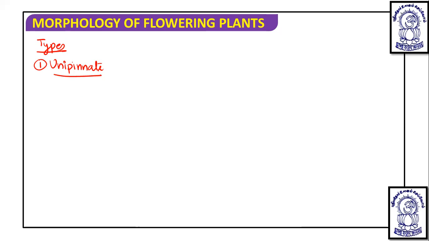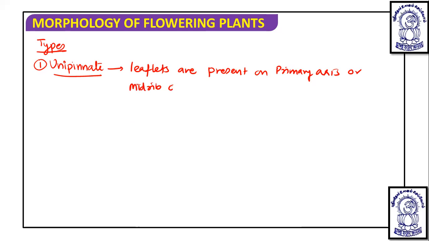In unipinnate, the leaflets are arranged on the rachis, that is, present on the primary axis or midrib or rachis.